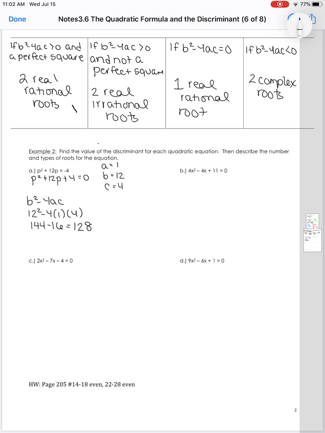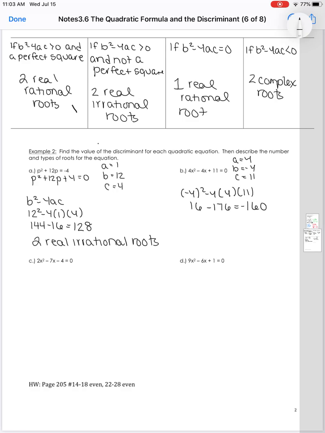So that's 12 squared minus 4 times 1 times 4, which puts me at 144 minus 16, which is 128. So that is a positive number, but it is not a perfect square, which means the discriminant is 128. There's my first answer, and that leaves me, because it's not a perfect square, with 2 real irrational roots. So this is column 2 on the chart.